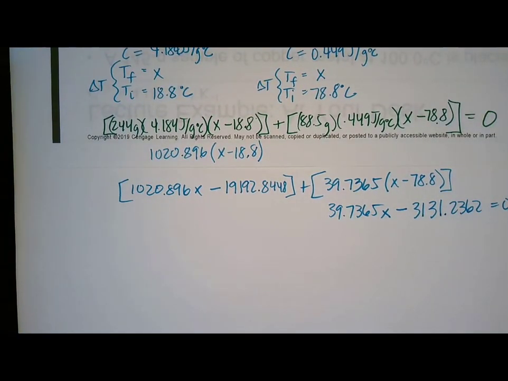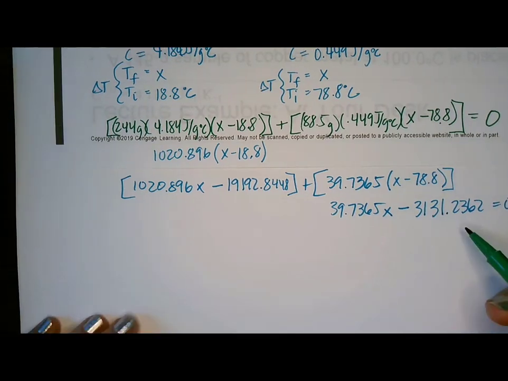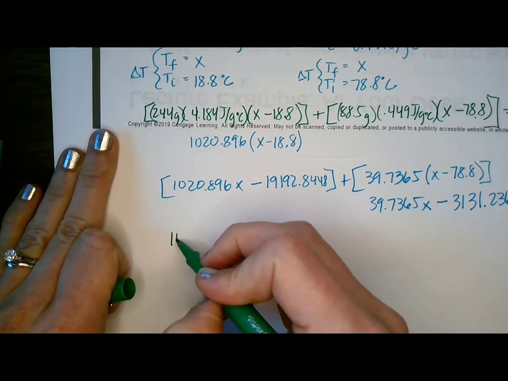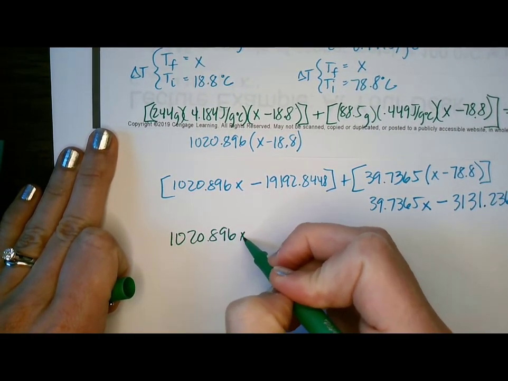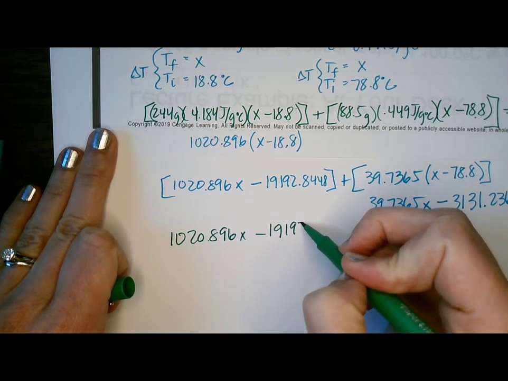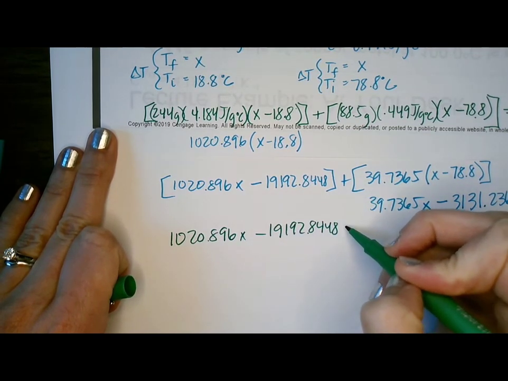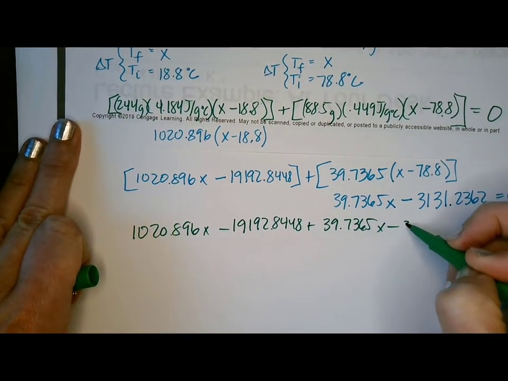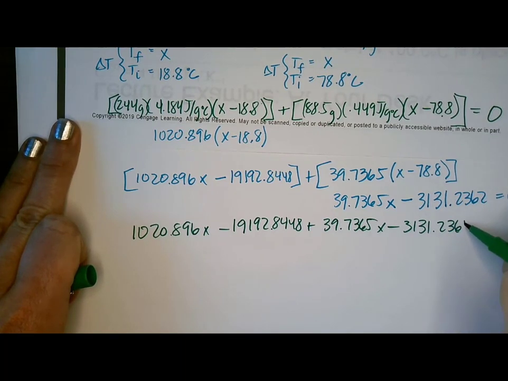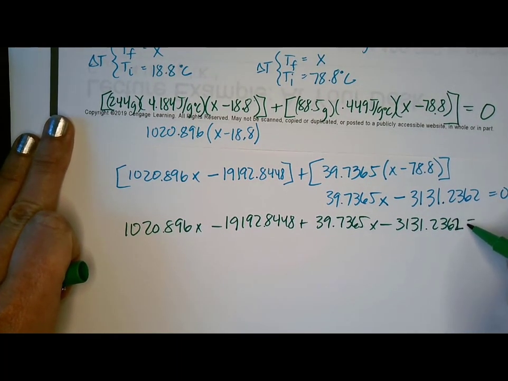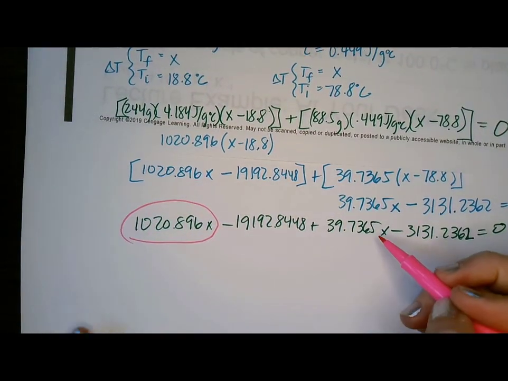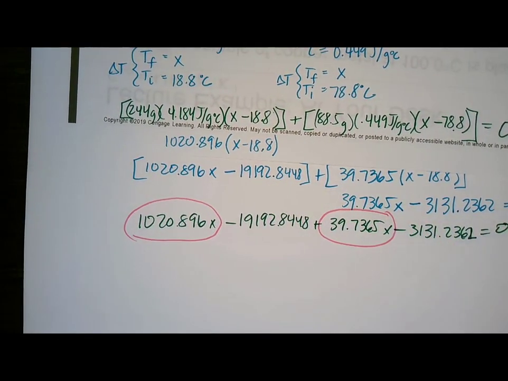All right, let's write this all out because we've got a whole bunch of addings and subtractings, and we can combine like terms here. So I've got minus 19192.8448 plus 39.7365x minus 3131.2362. Notice that I've got some like terms. I've got x and I've got x. Let's combine those.